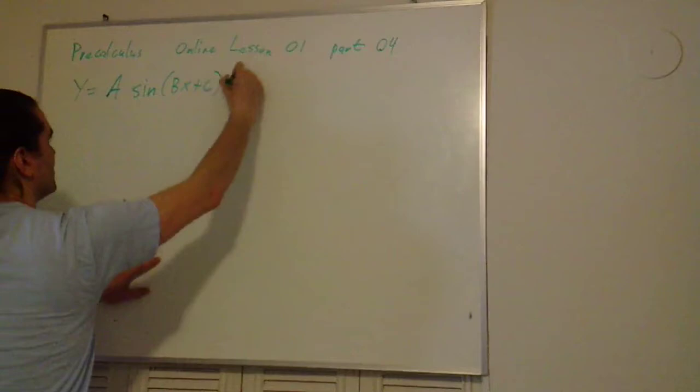So let's say y equals cosine of 1/2 x minus pi over 4 plus 3.